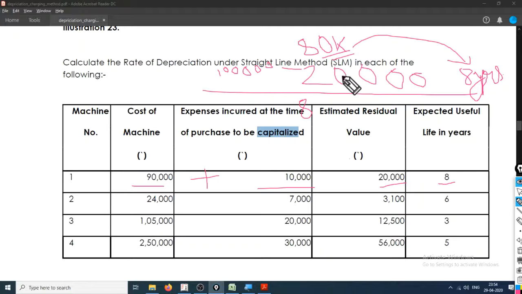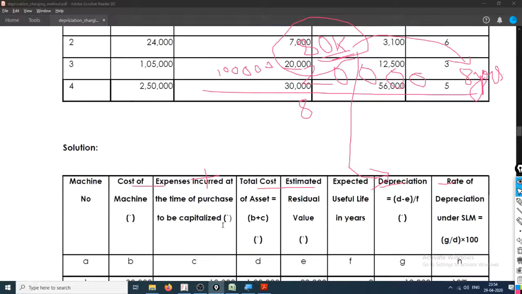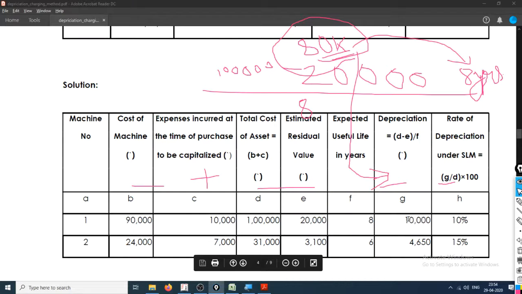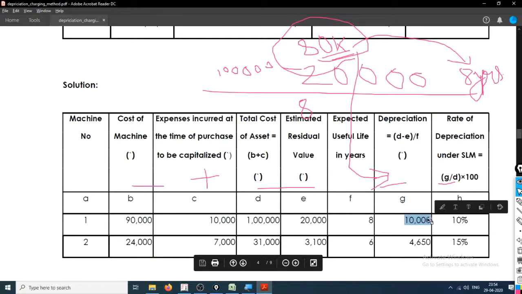Instead you should distribute that 80,000 over the useful life, because that asset will be used for 8 years. Hence, to earn the profit of 8 years you should charge the expenses of 8 years. Let's see if this is the correct answer: 80 divided by 8 is 10,000, hence 10,000 is the depreciation.